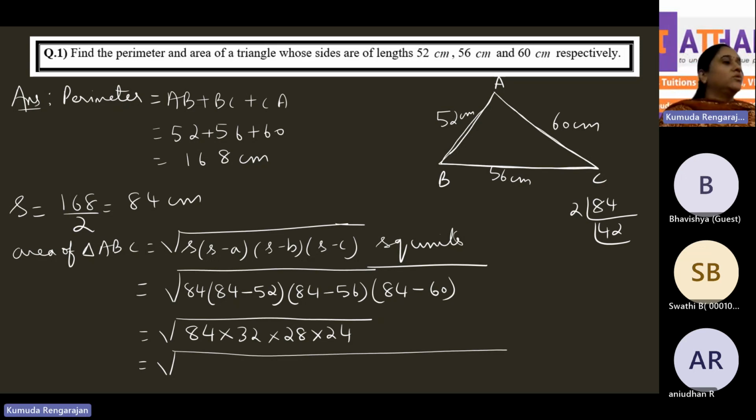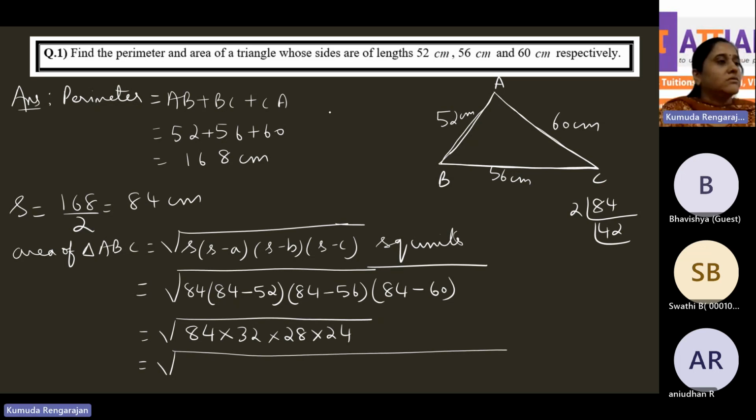Blessing and Ramanan, take down the question and start working till here. Work till here and then continue. Write down the question. The name of the chapter is Heron's formula. Write the date.